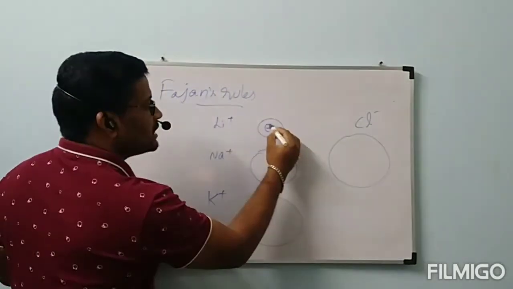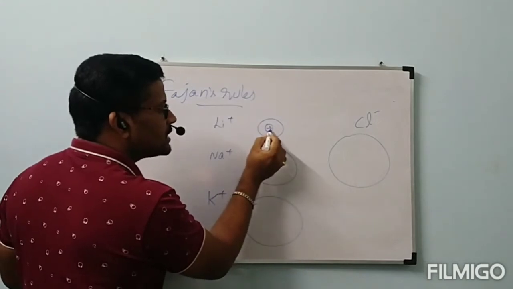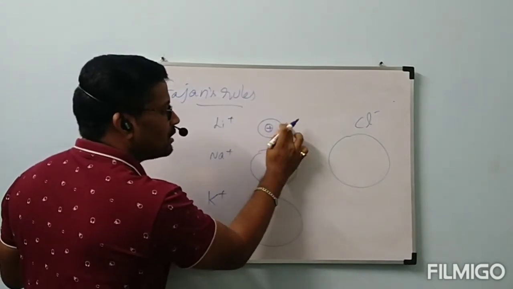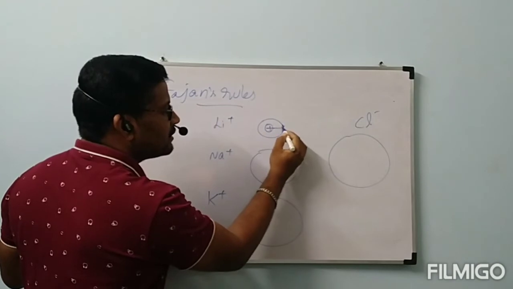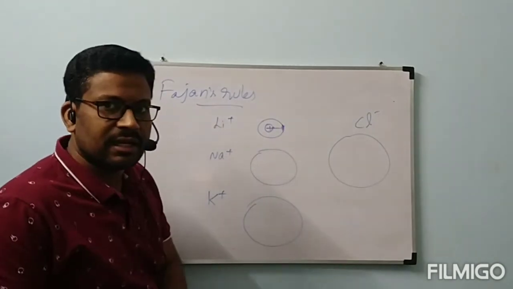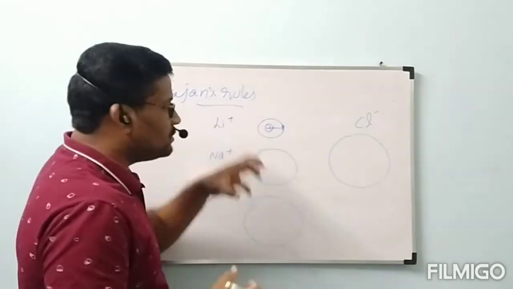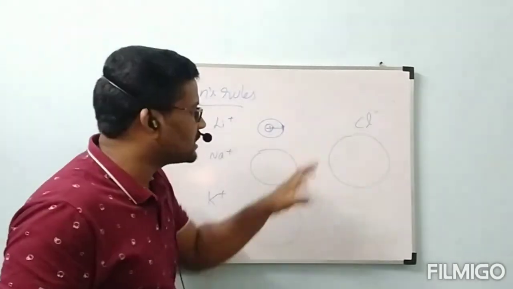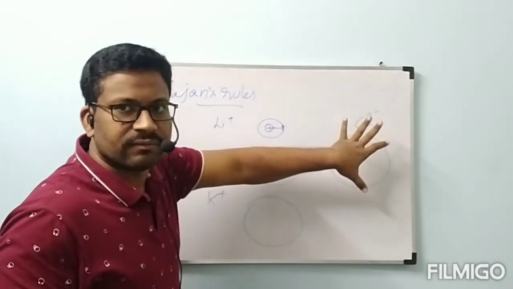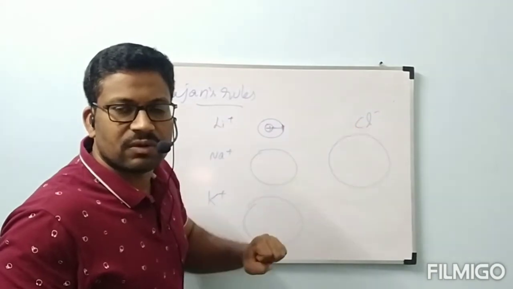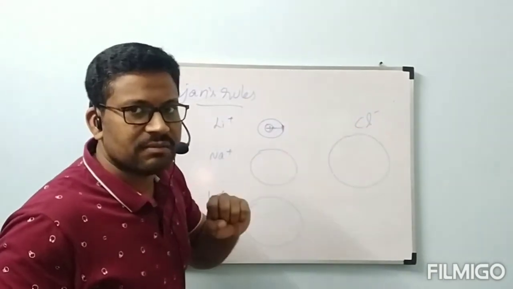Here, this Li plus has the nucleus with the outermost electrons very near. Because of that, this nucleus has high attraction on Cl minus.